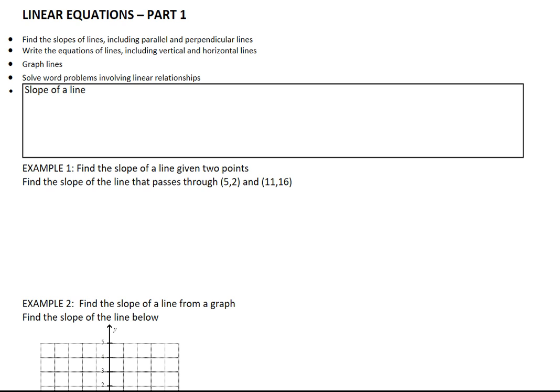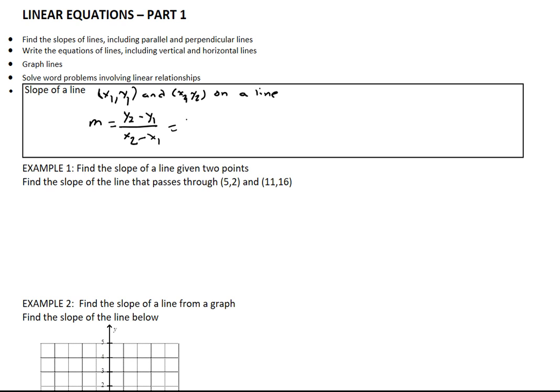Okay, if we have points x1, y1, and x2, y2 on a line, the slope m is y2 minus y1 over x2 minus x1.